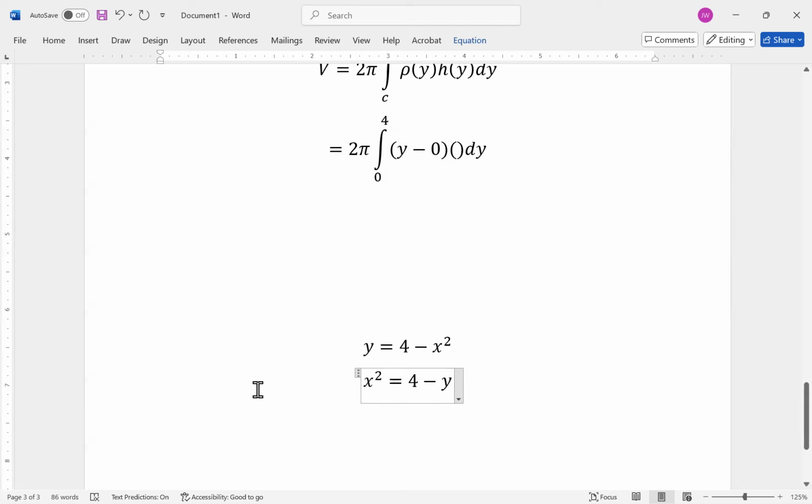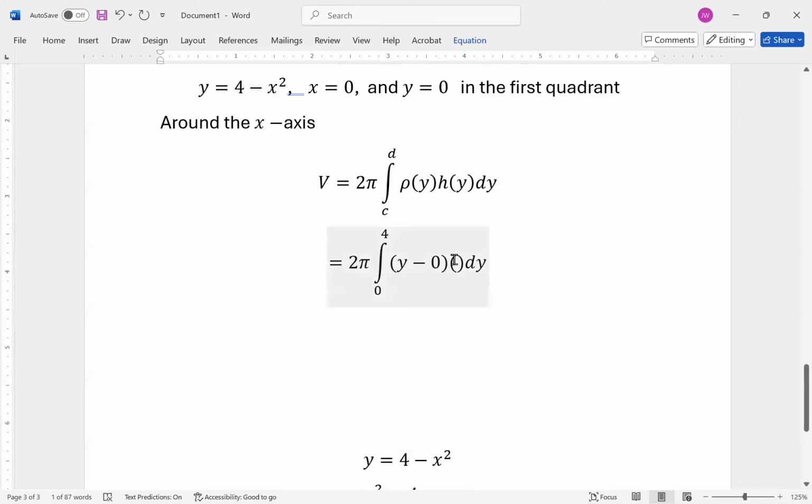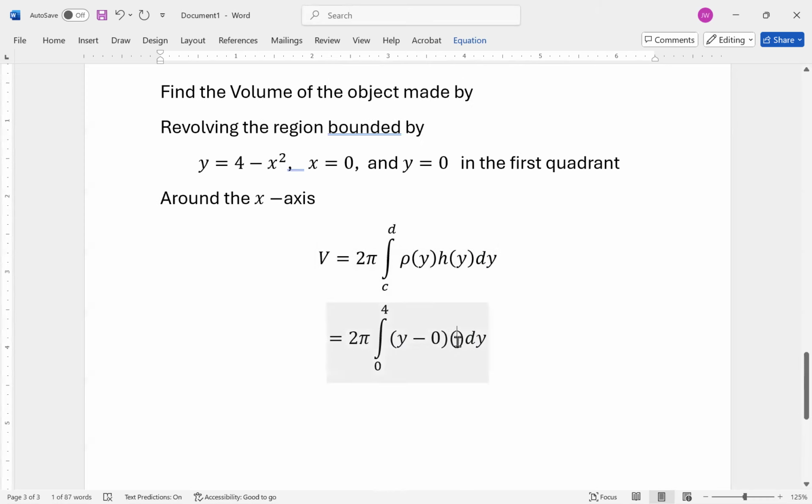Because we're in the first quadrant, I can solve for x by taking x as the positive square root of 4 minus y. So this is my equation written in terms as x is equal to a function of y. When I integrate with respect to y, it's important to do that.